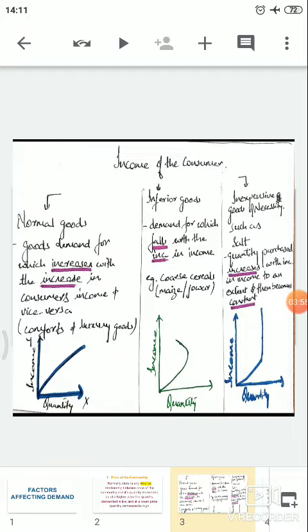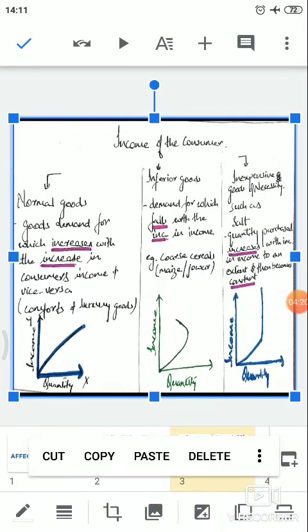So in case of inferior goods, you will write that these are those goods, the demand for which falls with the increase in income of the consumers, and you will give the example. And then the third type of goods is inexpensive goods of necessities, like salt. Now, though it is inexpensive, it is a very important part of your food. So this is called inexpensive goods of necessities.